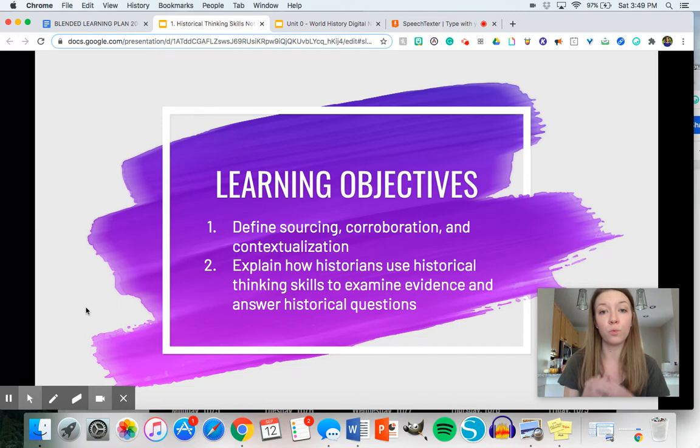Those are the three big historical thinking skills that historians use as they're looking at the past. The second objective is to explain how historians use those skills of sourcing, corroboration, and contextualization to examine evidence and answer historical questions.